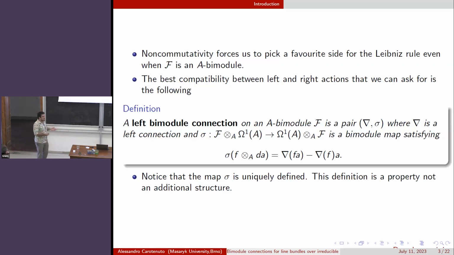Notice that sigma is uniquely defined, so this is not an additional structure that I can put on my connection. This is a property that I can check whether it holds or not. So once a connection is given, you only have to check if it is a bimodule connection.